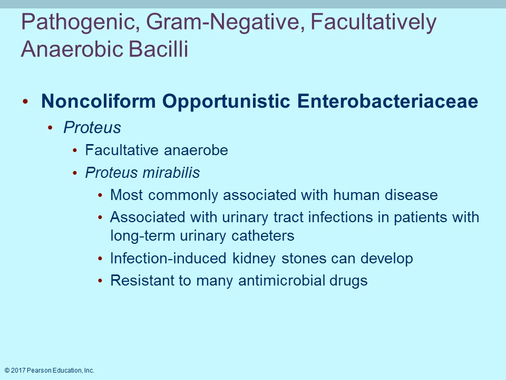Non-coliform Proteus is a facultative anaerobe. Proteus mirabilis is the most common pathogen out of the Proteus genera that you're going to come in contact with. We do work with Proteus vulgaris oftentimes in the lab because that is non-pathogenic.